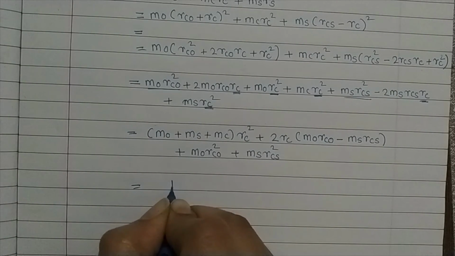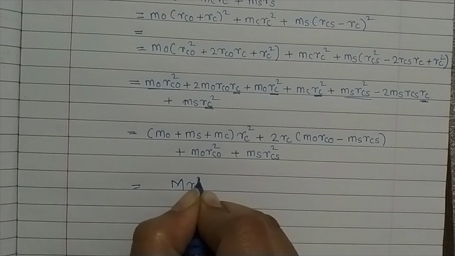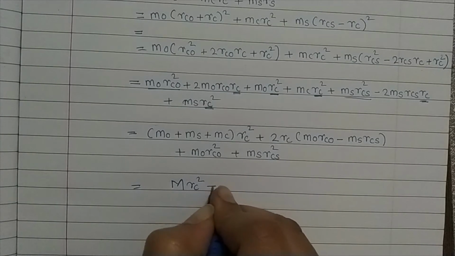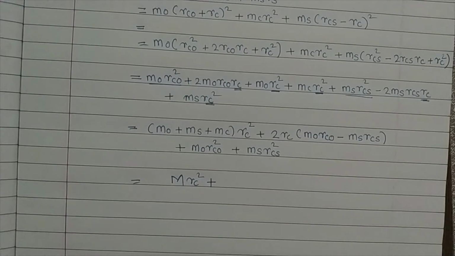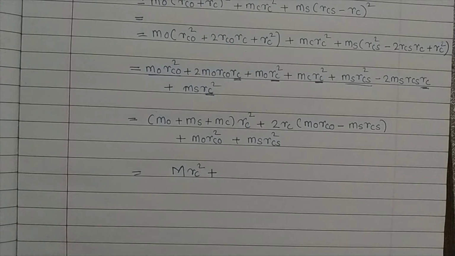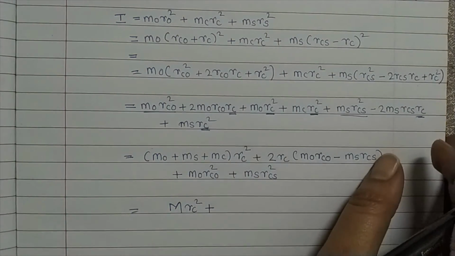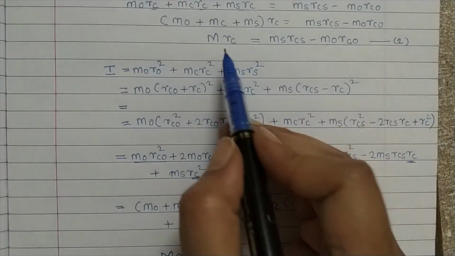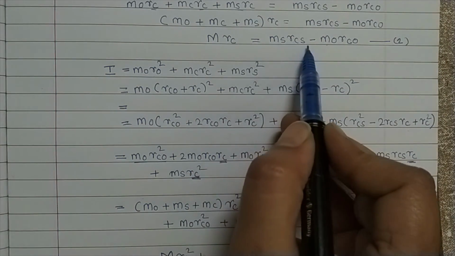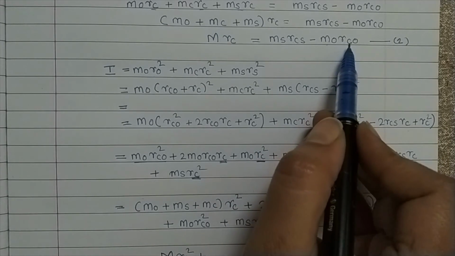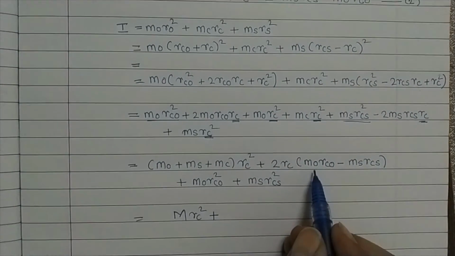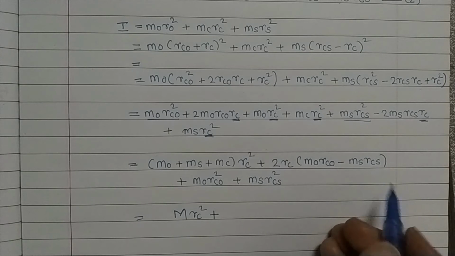Now this is capital M RC square plus, now pay attention here, that we know, see this equation number 2, MRC is equal to MS RCS minus MO RCO. Here there is a MO RCO minus MS RCS.